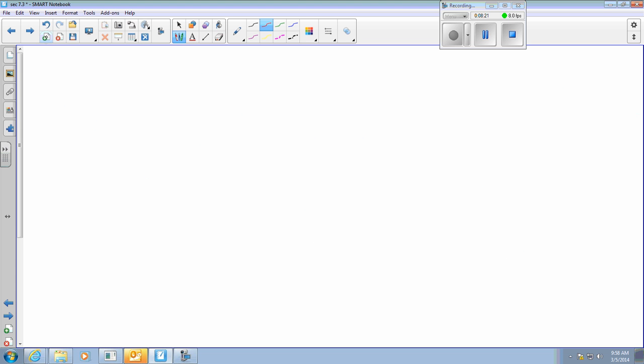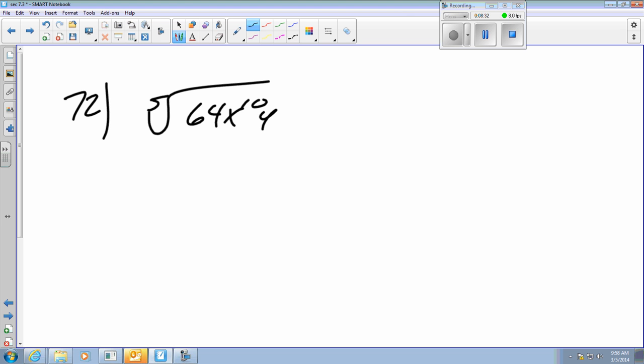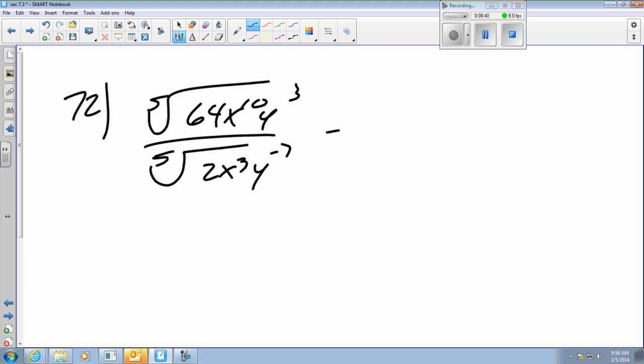And 72, the last one. I get the 5th root of 64x to the 10th y to the 3rd all over the 5th root of 2x cubed y to the negative 7.